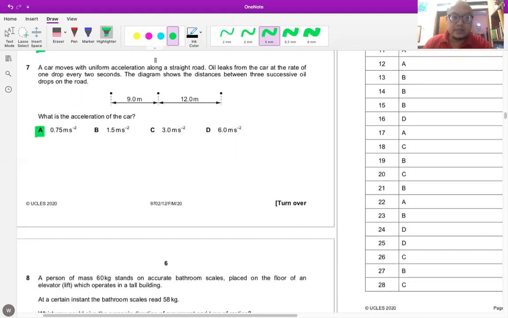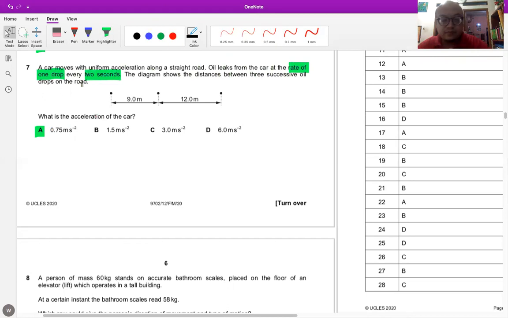We can see here the rate is 1 drop every 2 seconds. So the first distance is 9 over 2, this is velocity 1, about 4.5 meters per second.